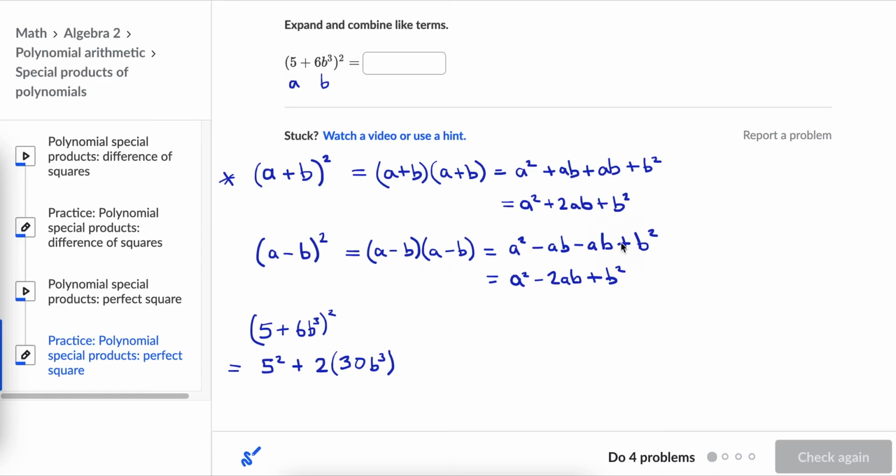And then we've got plus b squared, so let's leave it as it is for a moment: 6b cubed, squared. And then we'll tidy all this up. So 5 squared is 25, plus 2 times 30b cubed is 60b cubed, plus 36b to the 6th power.